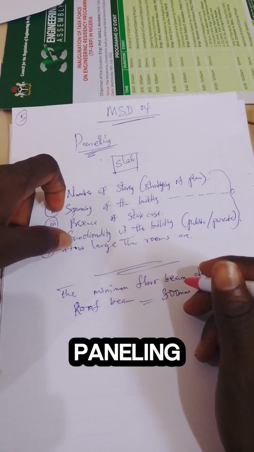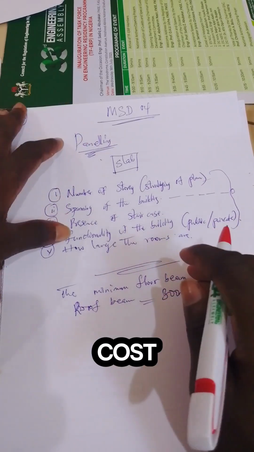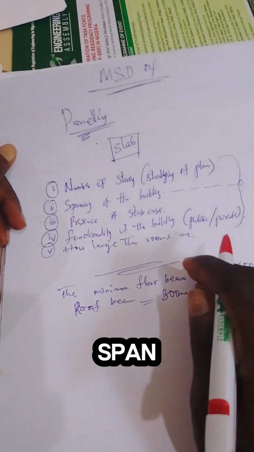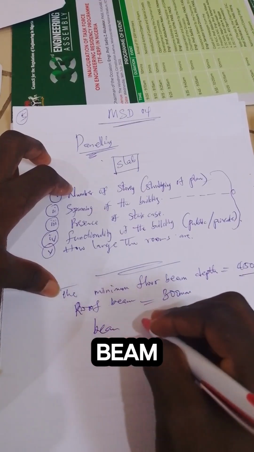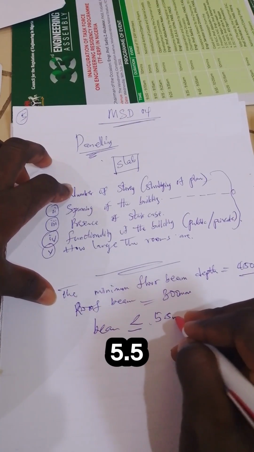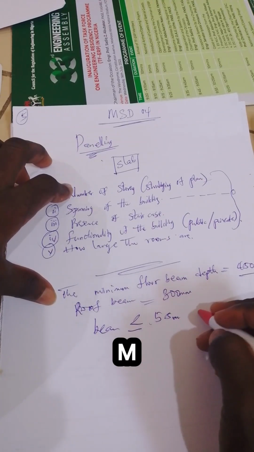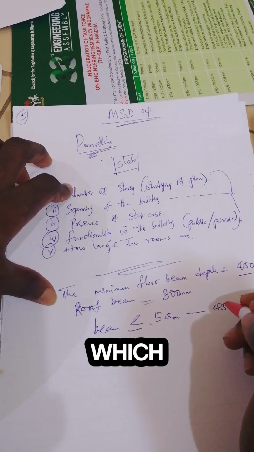Then while paneling, during the course of your paneling, when the span of the beam is less than 5.5 meter, you use 450 mm, which is the minimum.